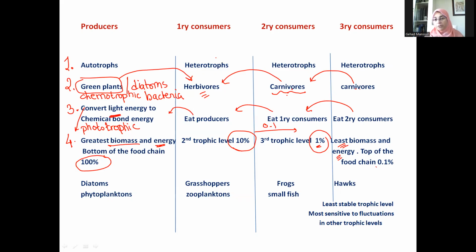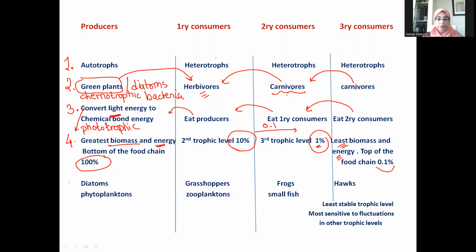It is usually the top of the food chain, because, as we said, the decomposers are not represented in the pyramids. The energy stored in the tertiary consumer is only 0.1%, and that's the main reason why food chains usually cannot have more than 4 trophic levels.